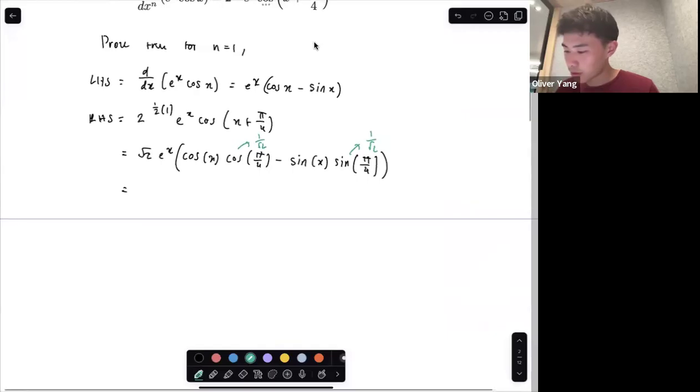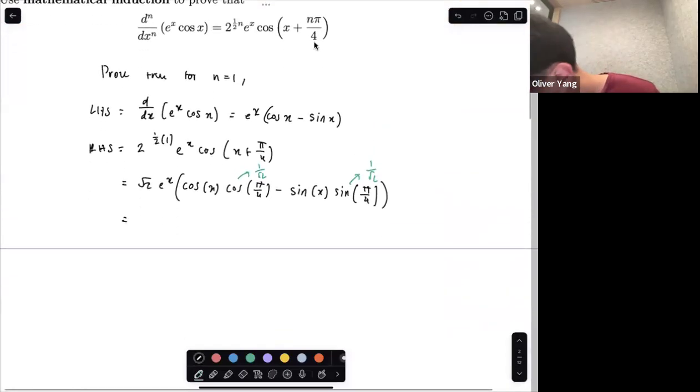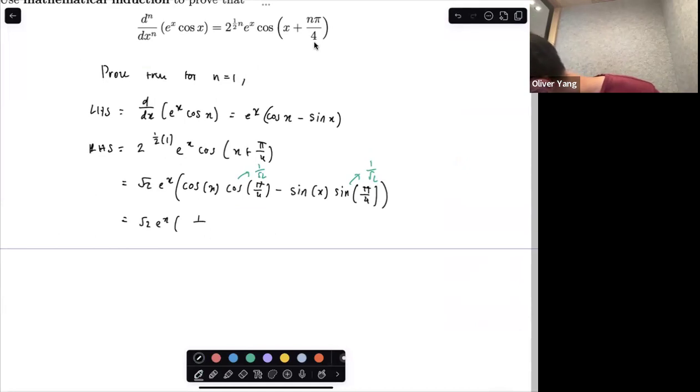After it becomes 1 over root 2, we can just say root 2 e^x times (1 on root 2 cos x minus 1 on root 2 sin x).